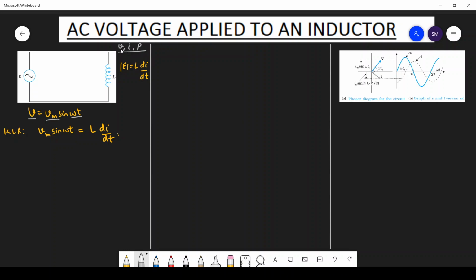So we need to see the phase difference of V and I. The phase of V is omega t, and we know omega, the angular velocity, is equal to 2 pi nu, 2 pi into frequency. So this is our equation 1.